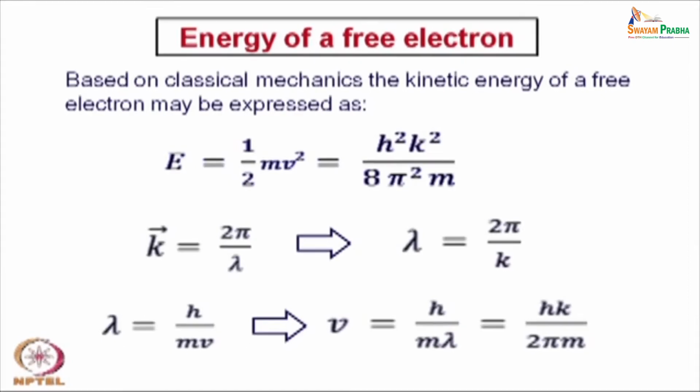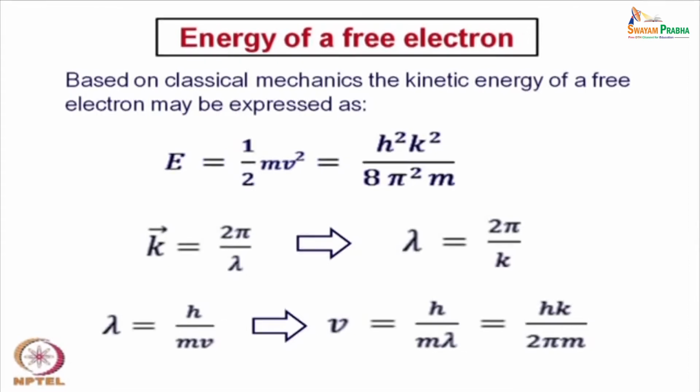Based on classical mechanics, the kinetic energy of a free electron may be expressed as E, the energy of each electron, equal to half mv square, and replacing v by the de Broglie expression, you will get h square k square by 8 pi square m.